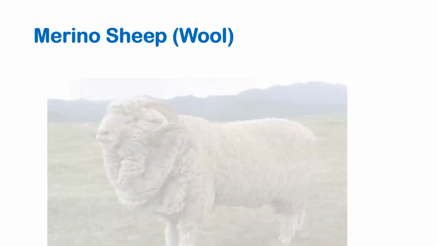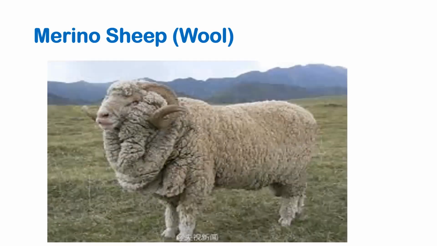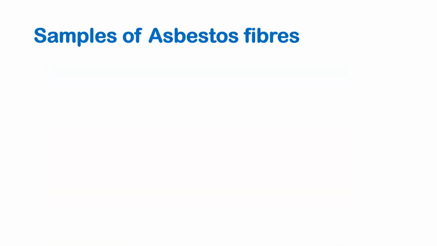So we have another example, that is the wool. And the best wool is from the merino sheep. You can see the animal standing there with plenty wool on the body. So we cut the wool and you use the fibers in producing the yarn for the fabrics.